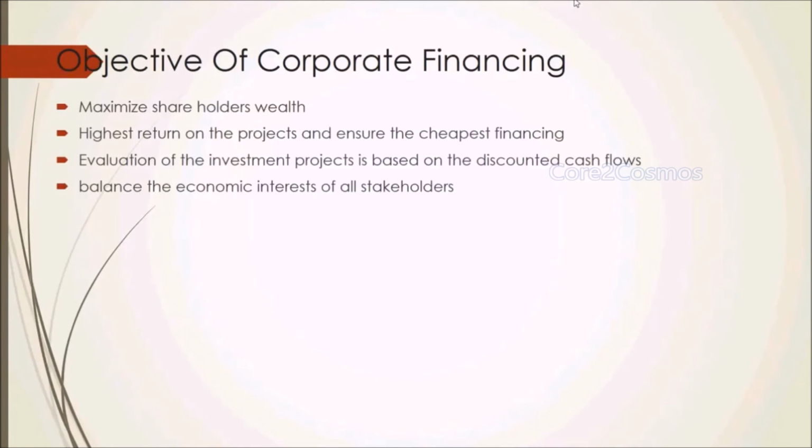The objective of corporate financing is to maximize the shareholders' wealth, get high return on projects and ensure the cheapest financing. Evaluation of investment projects is based on the discounted cash flows, balance the economic interest of all the stakeholders, right?